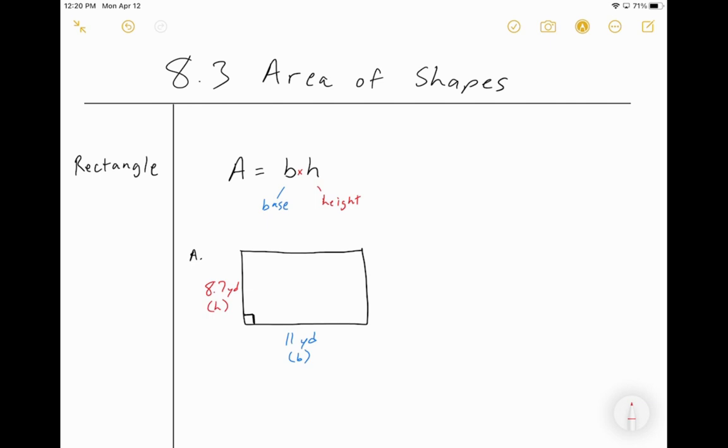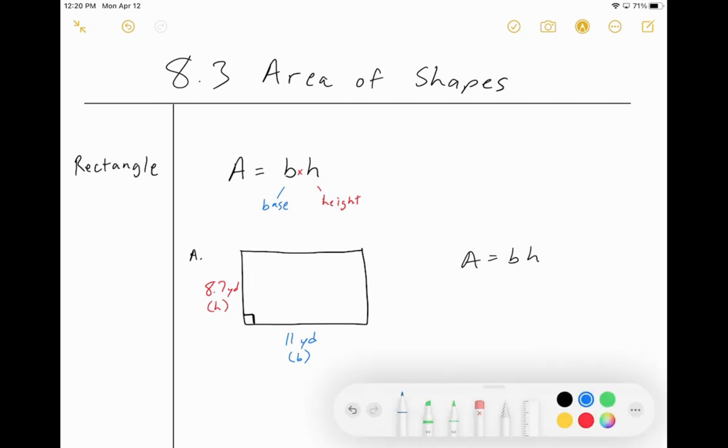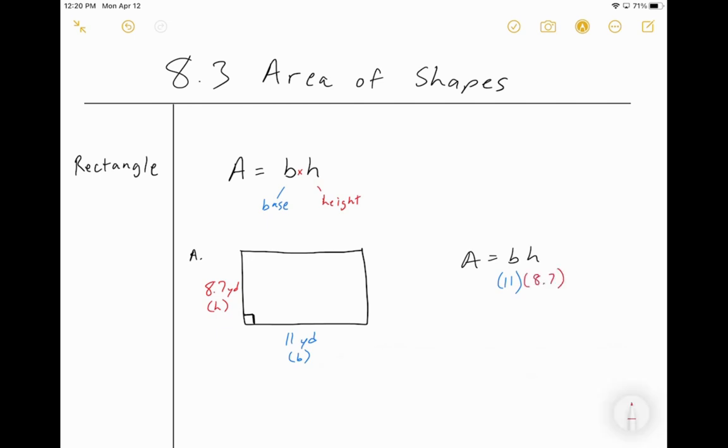Calculator, okay? All right, so very simple. Area is equal to base times height, which just means I'm going to do 11 times 8.7. And then I go ahead and multiply that in my calculator.